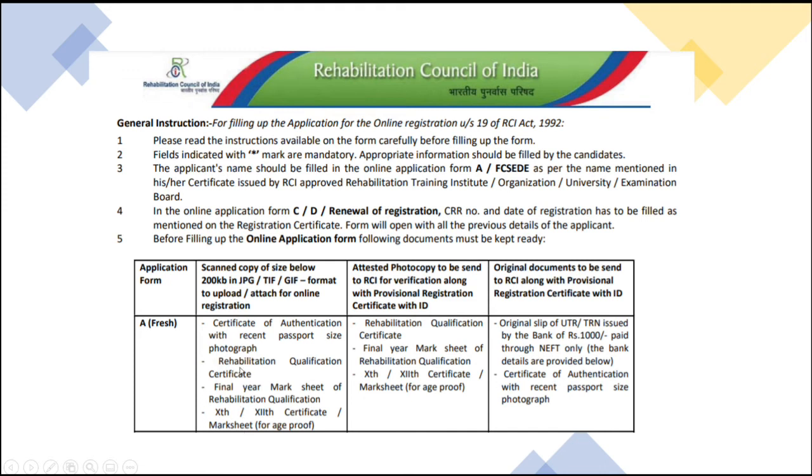For the last three, you will take a photocopy, and the first one you will scan, and then you will have its original here. The NEFT information is an old one which is not applicable anymore, because RCI has its own payment page where you can pay, and you don't require any proof to be submitted along with your application.